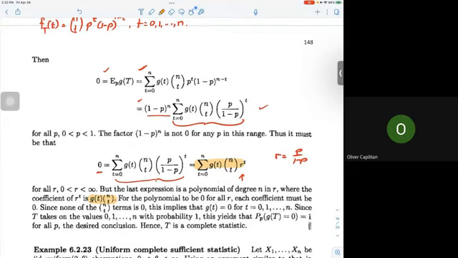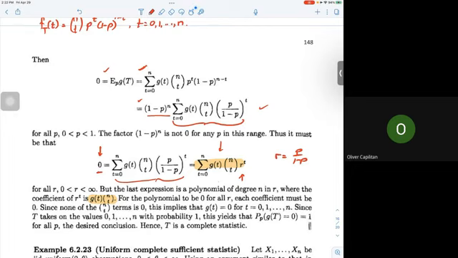Okay? So if our polynomial is to be equal to 0 for all r, then each coefficient must be equal to 0. Equating terms, the first coefficient is equal to 0, the second coefficient is equal to 0.